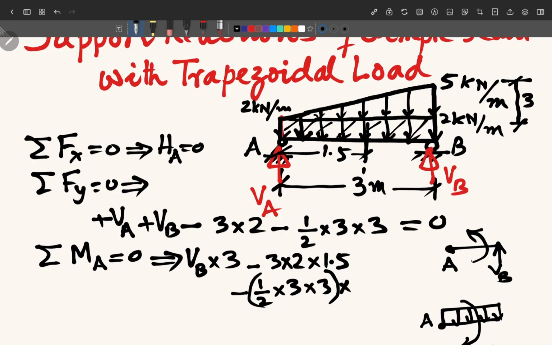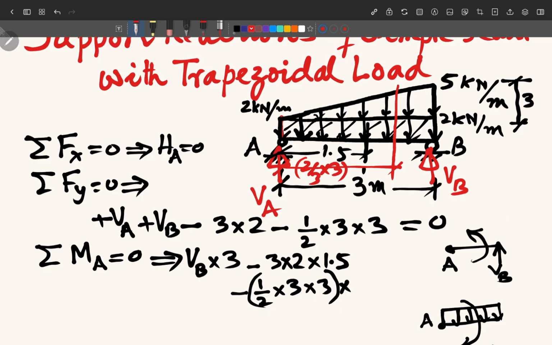As we know that the centroid of our triangular load is at a distance of 2/3 of the base, 2/3 of 3 in this case, because the base of this triangle is 3. So the distance of centroid is at a distance of 2/3 of the base from A.